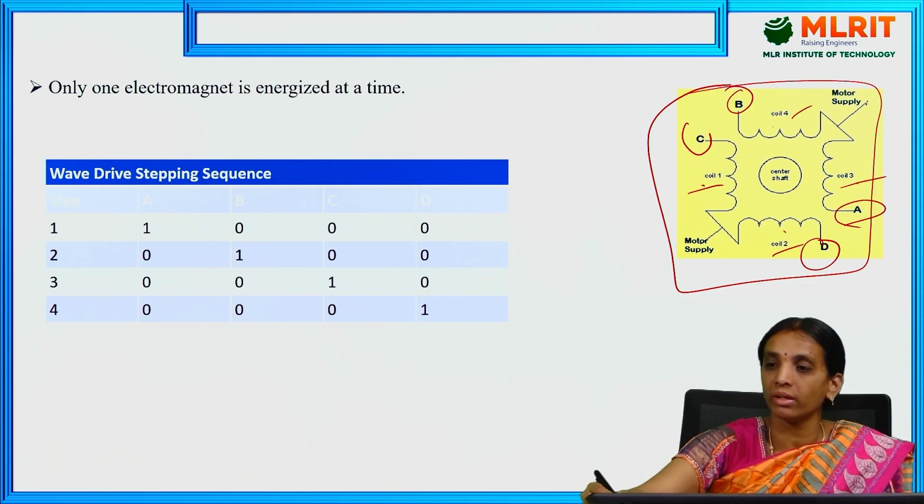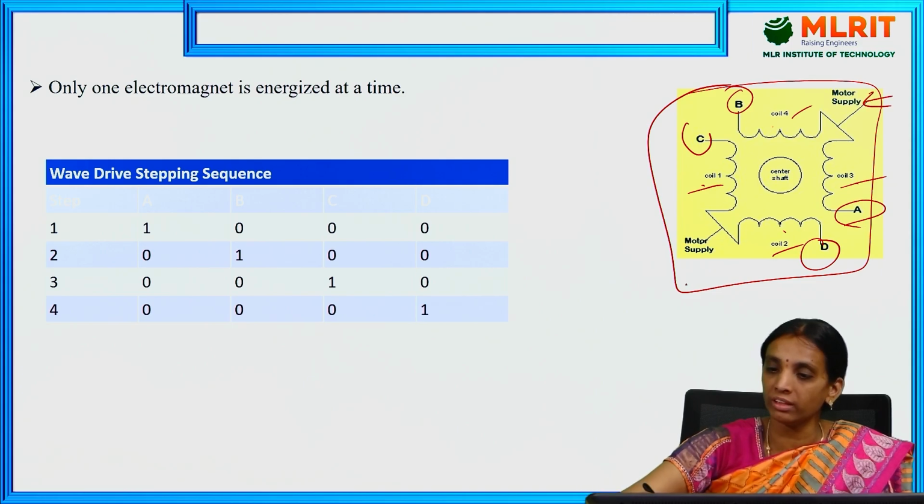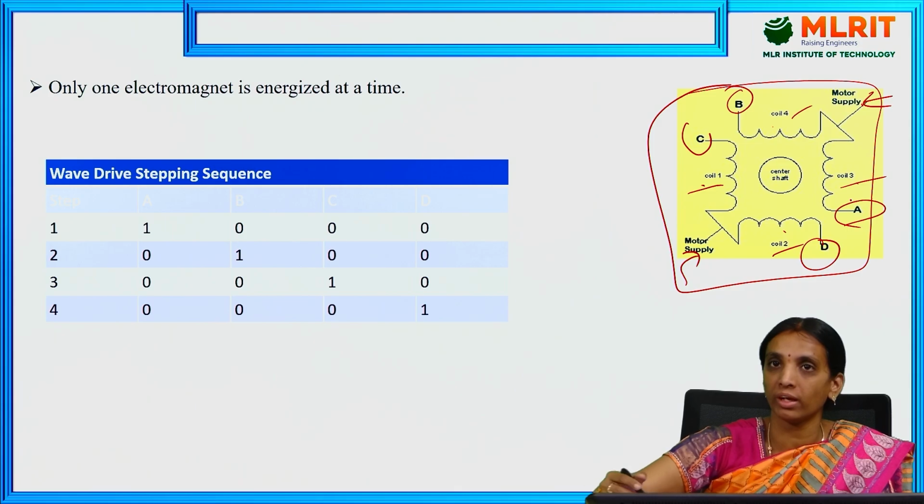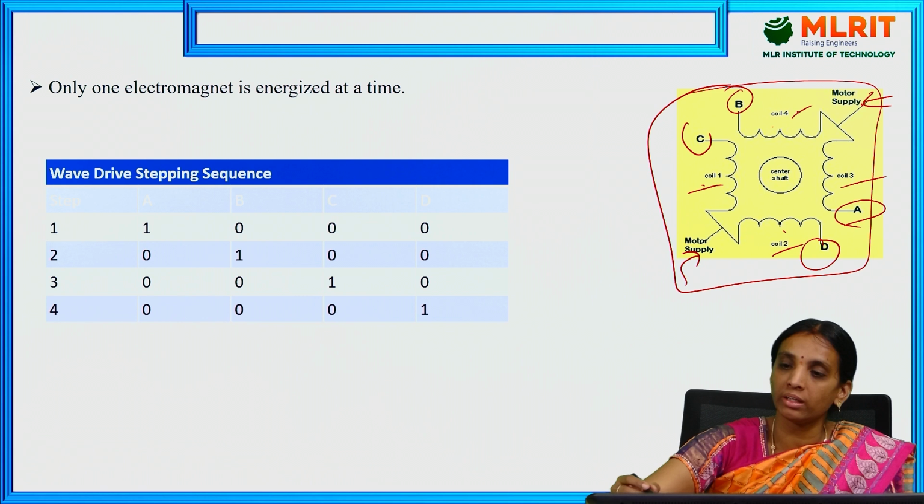Whenever electrical energy is provided to these terminals by the motor supply, the motor moves in either the anti-clockwise or clockwise direction, but it moves step by step. If one coil is energized for rotation, all other 3 coils will be stationary.